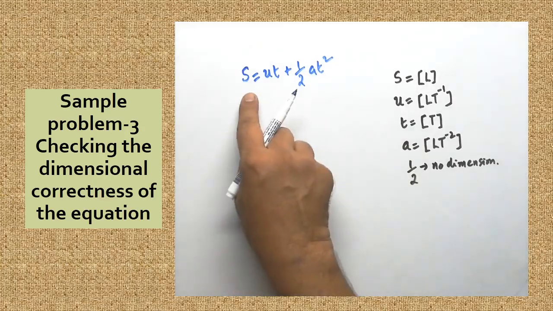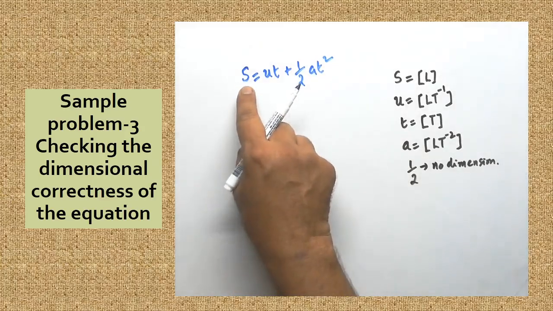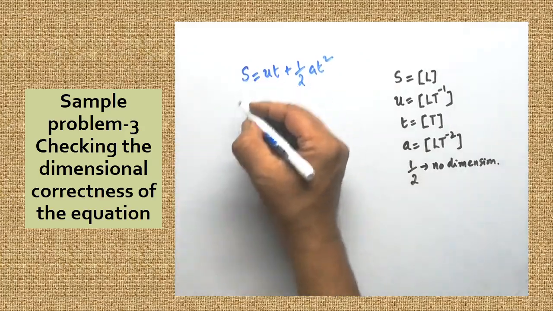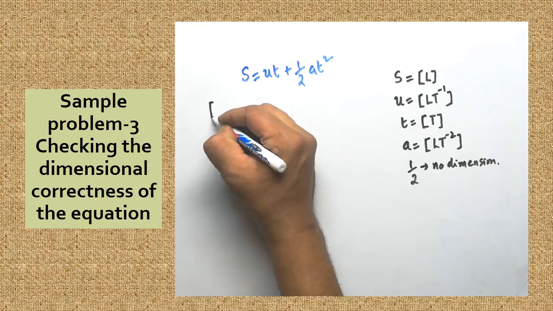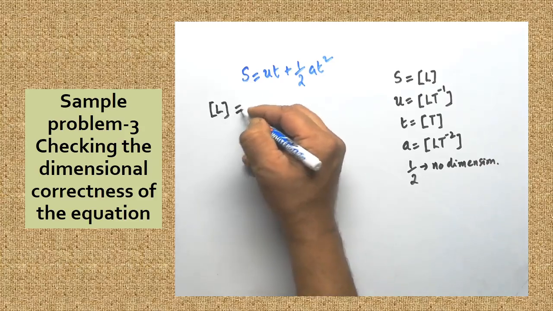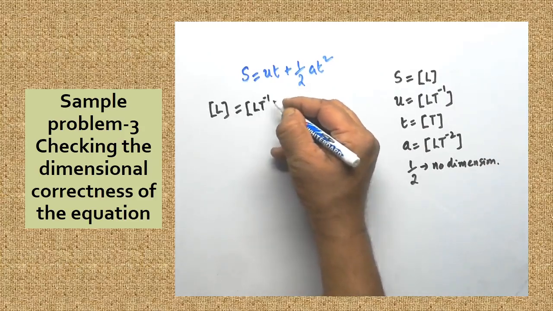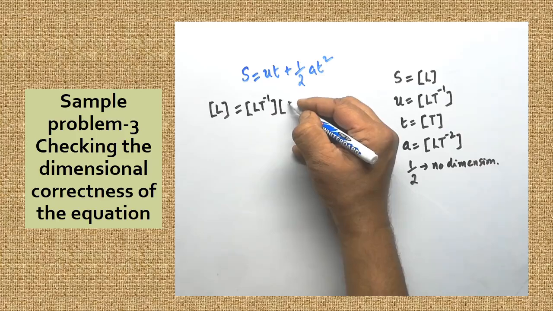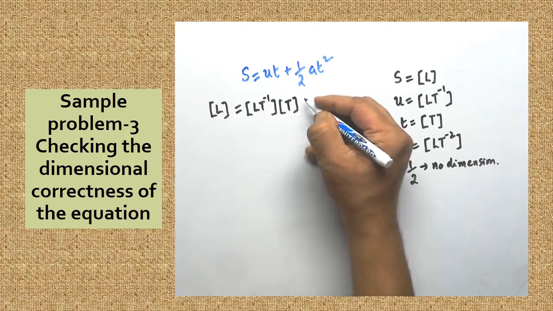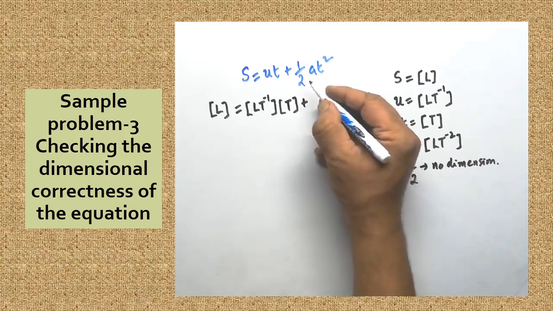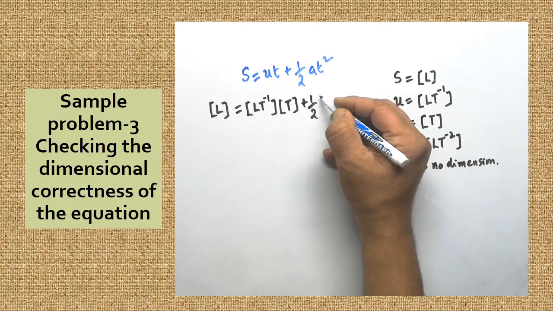So let's substitute the dimensions of the individual quantities here. The dimension of S is L. The dimension of u is LT inverse. The dimension of t is T. Everything must be written in square brackets, don't forget. Here half has no dimension.